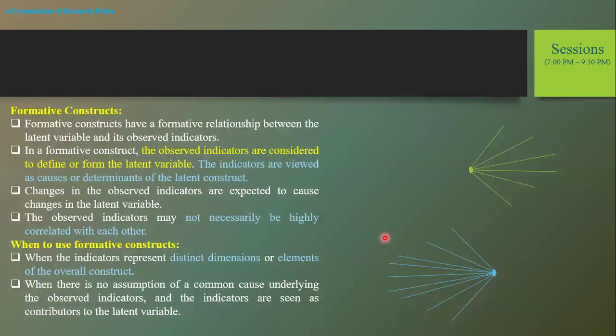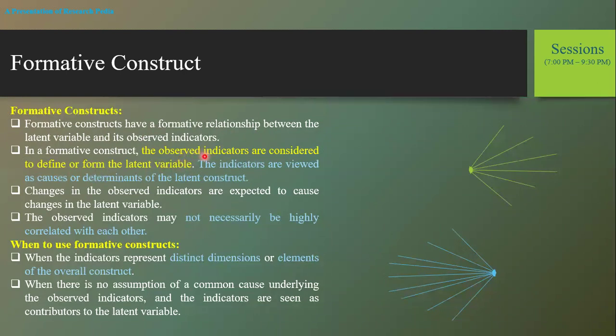Next is basically the formative construct. In the case of formative constructs, there is a formative relationship between the latent variable and its observed indicators. In formative constructs, the observed indicators are considered to define or form the latent variable.